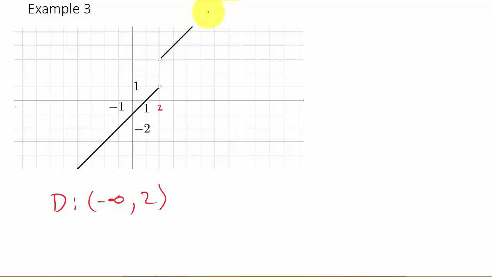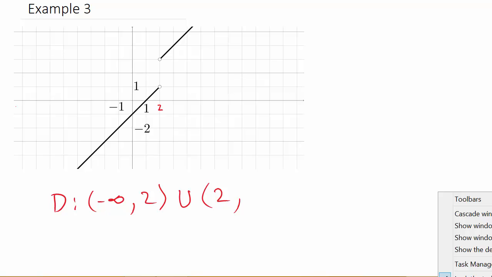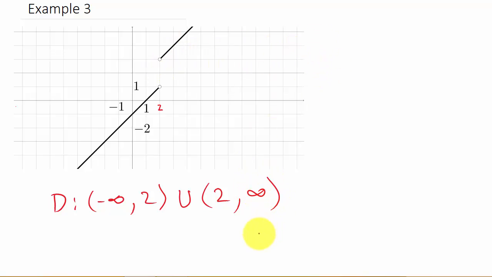It's increasing forever, but it's also going to the right forever, and that's what we're looking for: how it moves left and right for the domain. It starts at 2, and it'll be a parenthesis because it's an open circle. It goes from 2 to the right forever, so it's going to infinity.